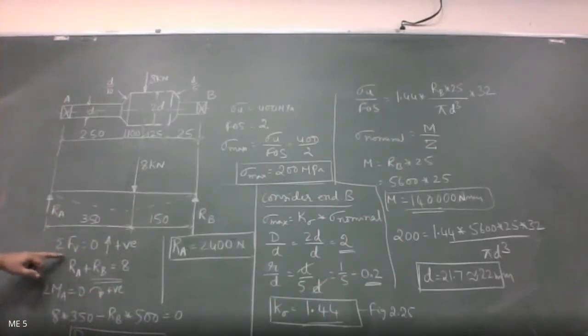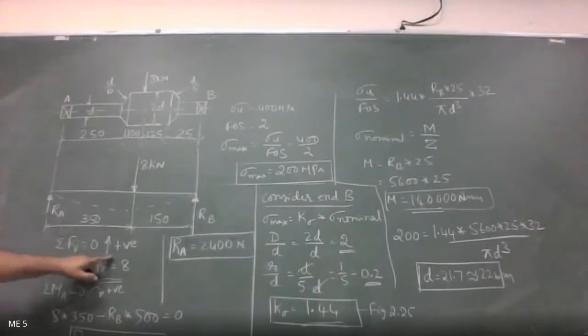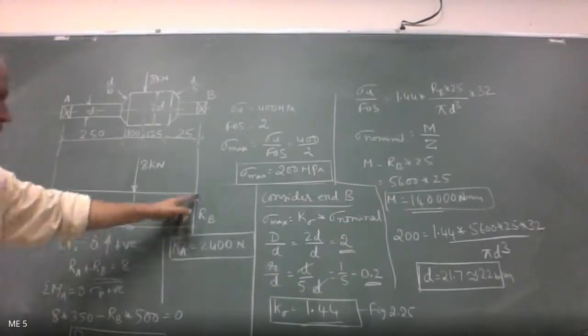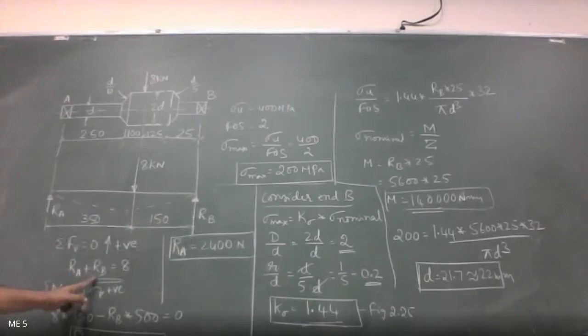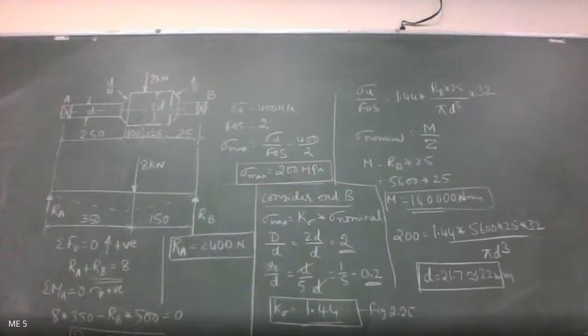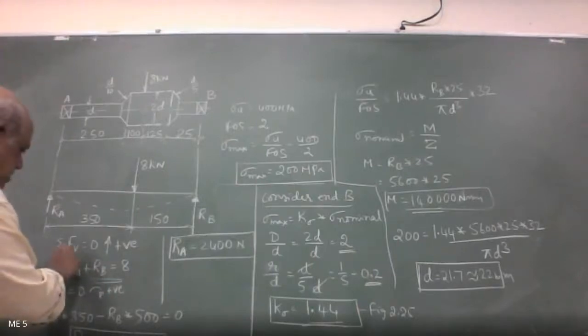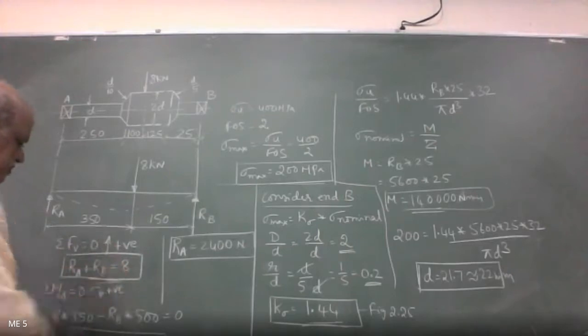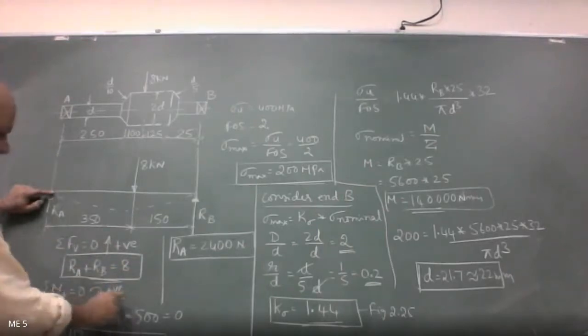Take vertical forces equal to 0 by taking upward positive. RA and RB are positive, so RA plus RB minus 8, and I have taken the load to the other side, so RA plus RB is equal to 8 kilonewton. Now take moment about A by taking clockwise positive.